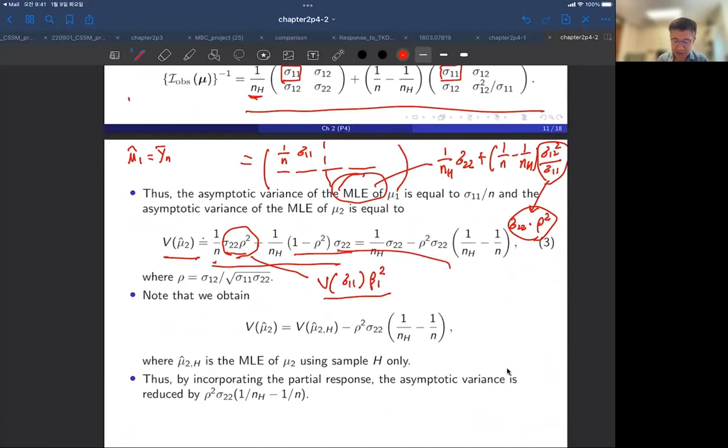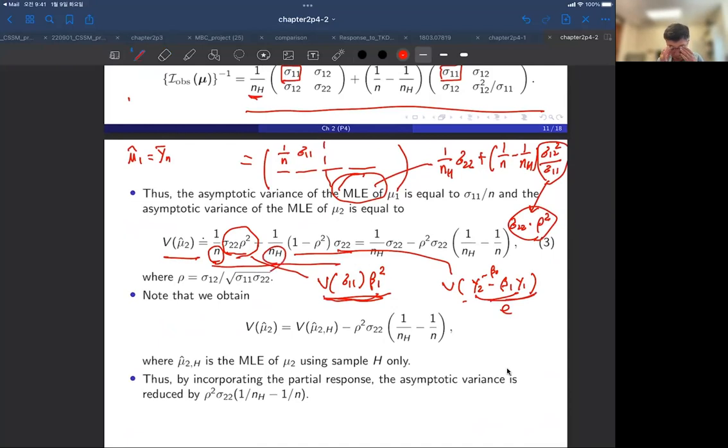So this one is the variance of y2 minus beta 1 y1, right? But this is actually the error part. So basically, there's some component fully explained by y1, which has the effective sample size n, and then for the error sum of squares part, you have an effective sample size nh.